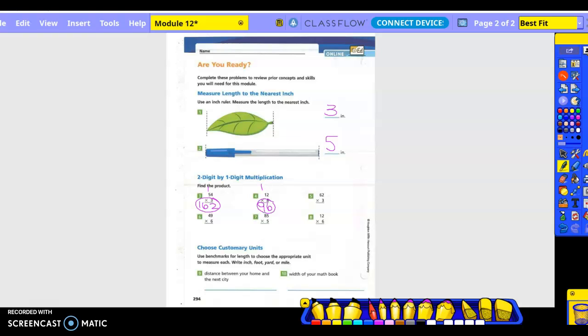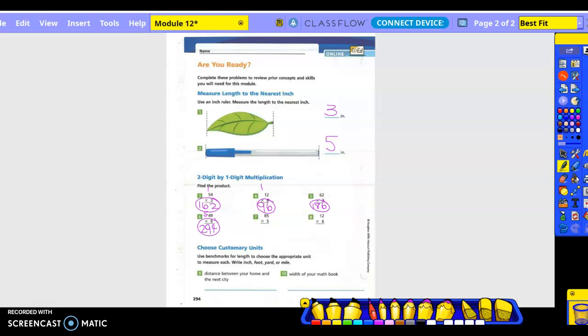So 96. 3 times 6 is 18, so 186. 9 times 6 is 54, so 4. Carry the 5. 6 times 4 is 24, plus 5 is 29, then 294.